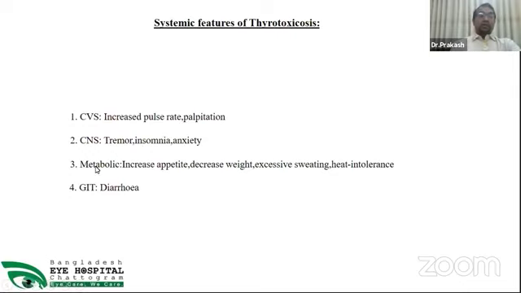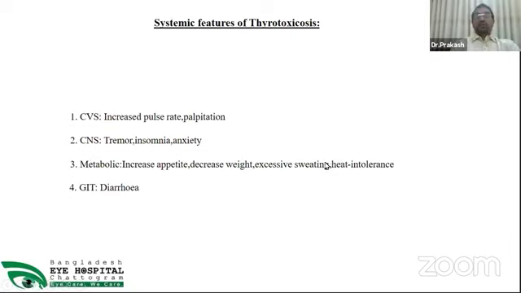Most important, in the metabolic system, there is increased appetite. But surprisingly, there will be loss of weight because of increased metabolism. A lot of intake, but weight loss.